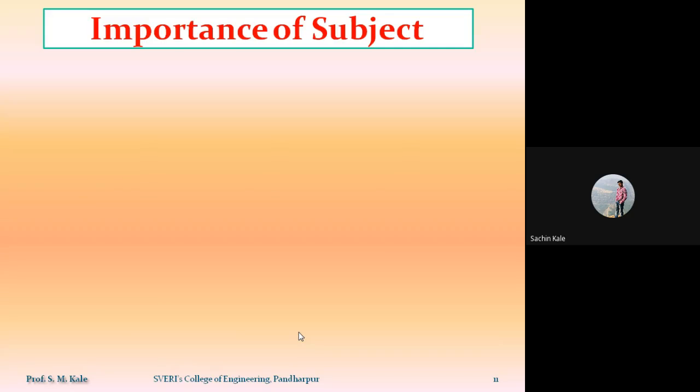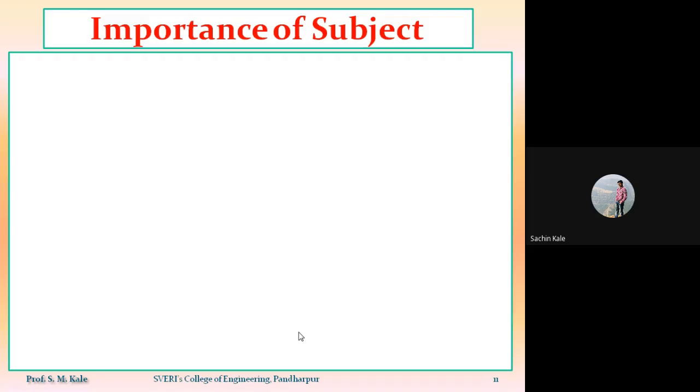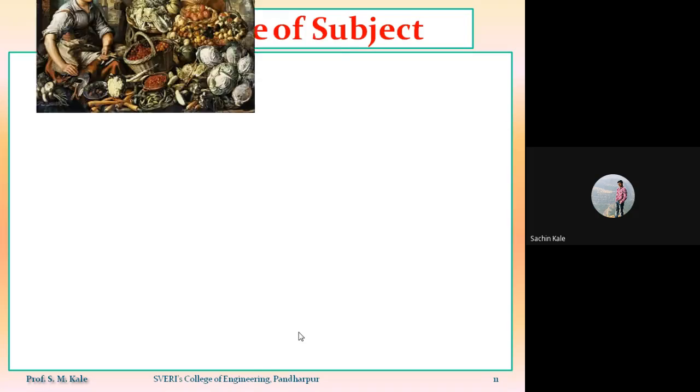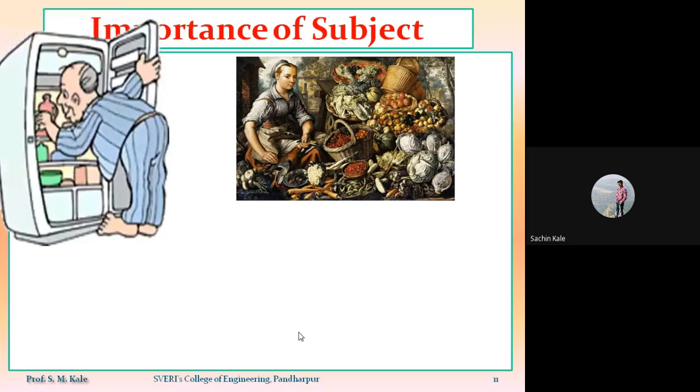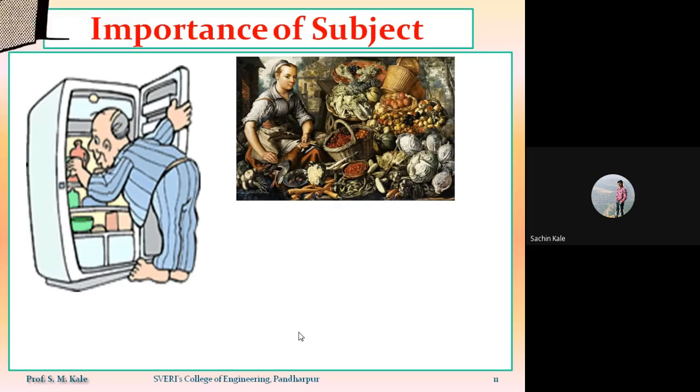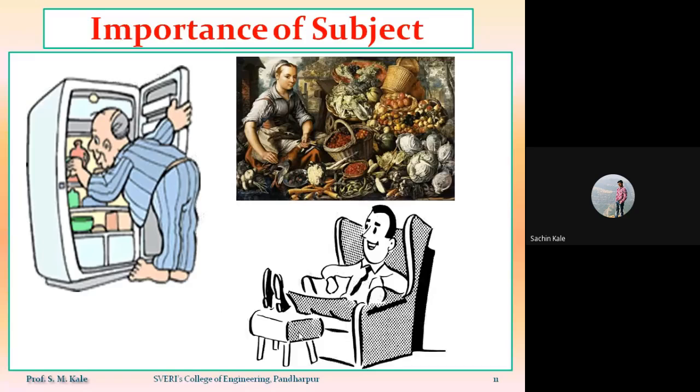Now I will show some pictures, and after observing them you have to tell me how we have to study this subject. This is the first picture. Second one. Third one. Now observe the pictures and tell me why we have to study this subject.